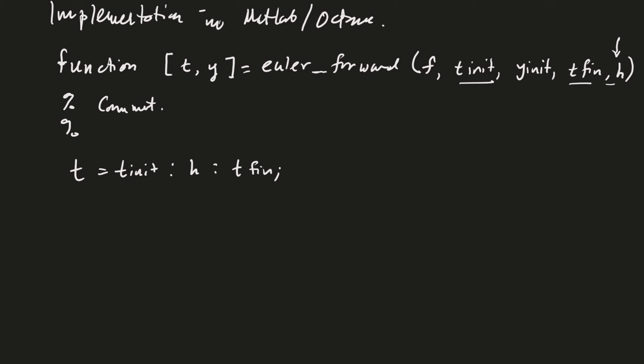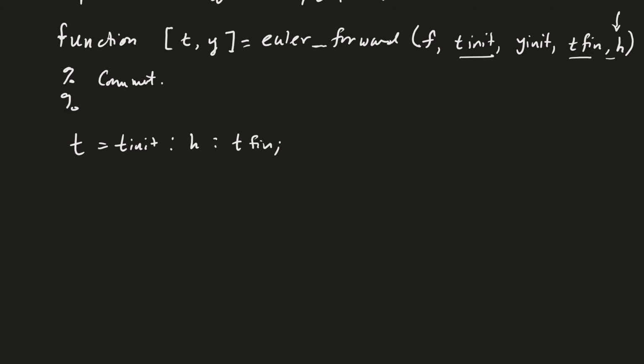And so the number of steps that I'm going to take, I'm going to call n, and that is going to be the length of t. Okay. And now just for good practice, I should say y equals zeros of 1 comma n. So I'm just reserving storage space for the vector y that's going to be output.